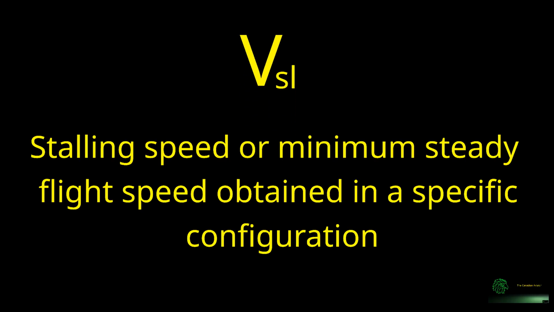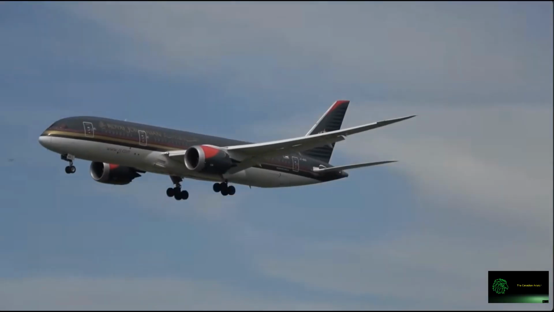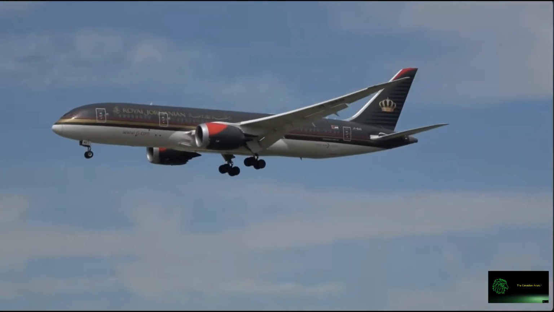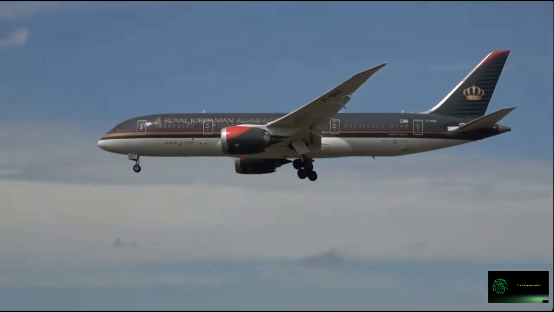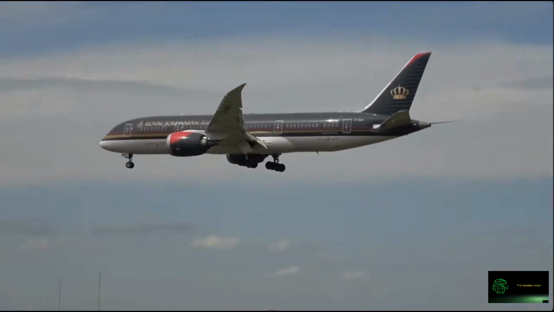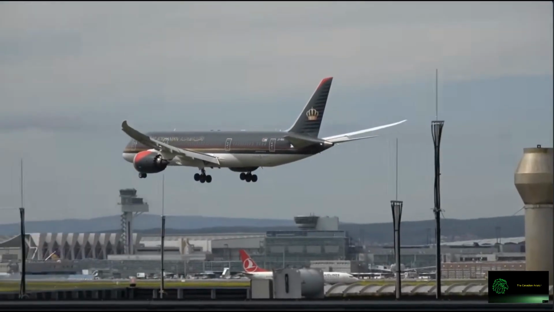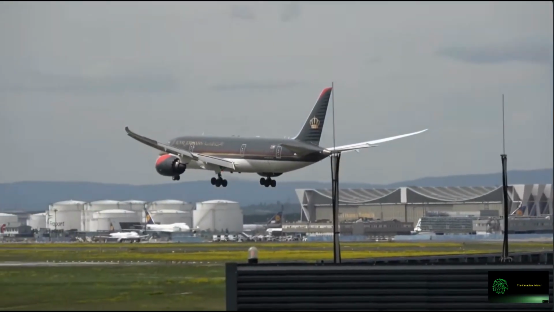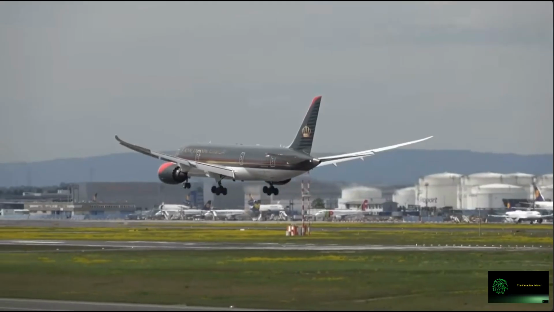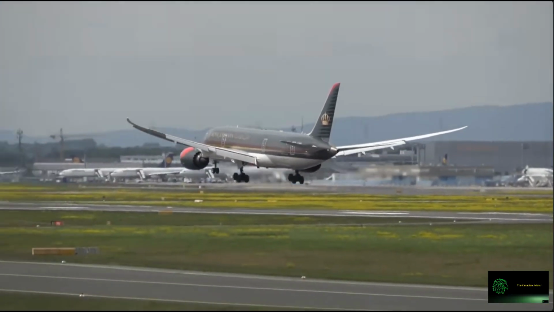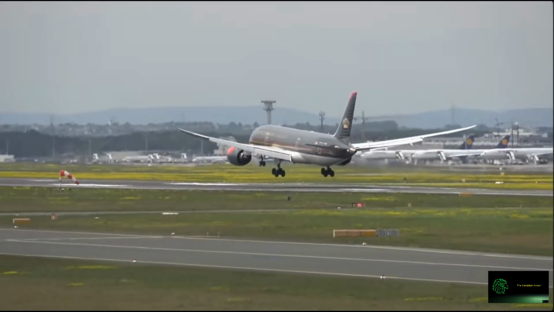VSL, minimum steady flight speed obtained in a specific configuration. It's the minimum steady flight speed at which the aircraft will stall in a particular configuration, such as clean takeoff or landing configuration. It represents the lowest speed at which the wings can produce enough lift for controlled flight under those exact conditions.